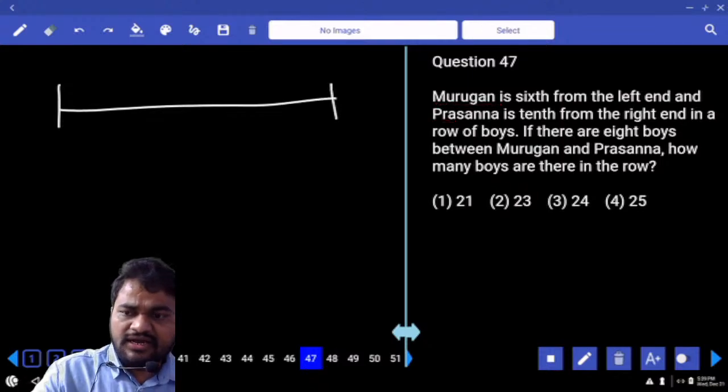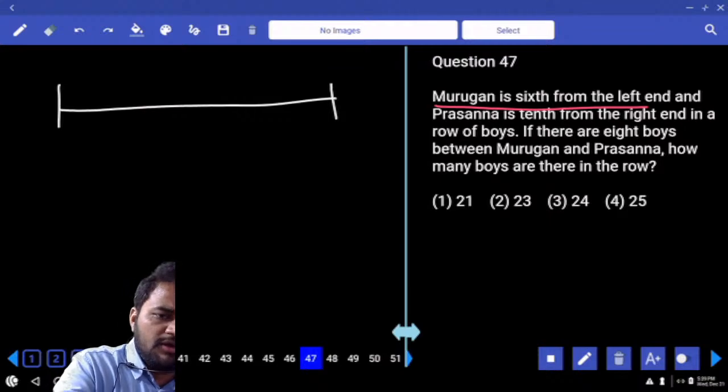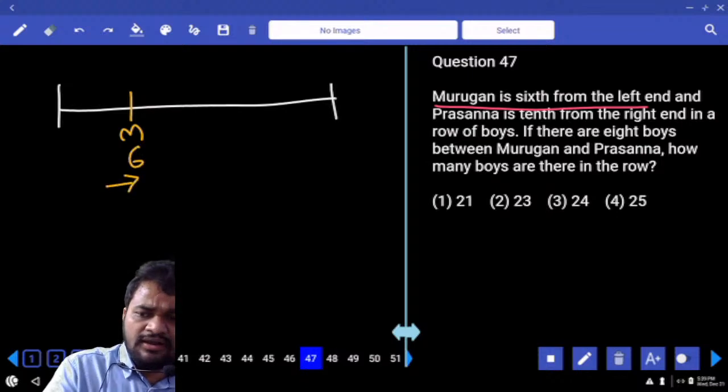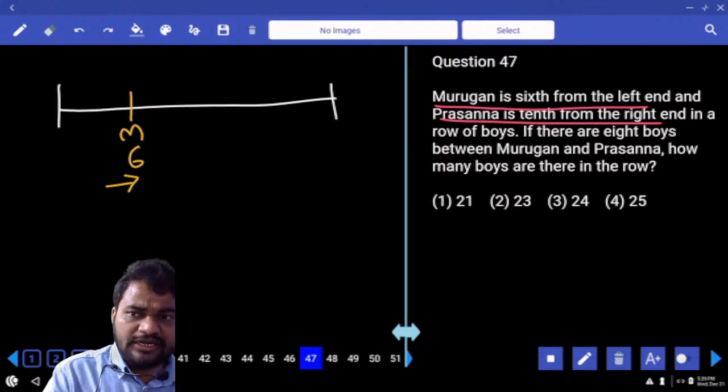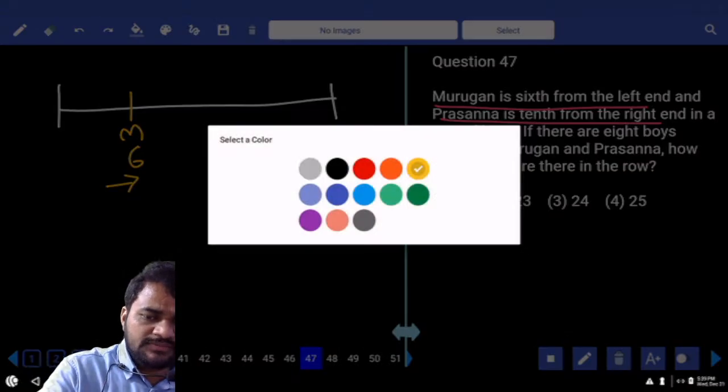It is clear that M is 6th from the left end. For example, here we have a person M. M is 6th from the left end. P is 10th from the right end. As P is 10th from the right end, we have two possibilities right now.